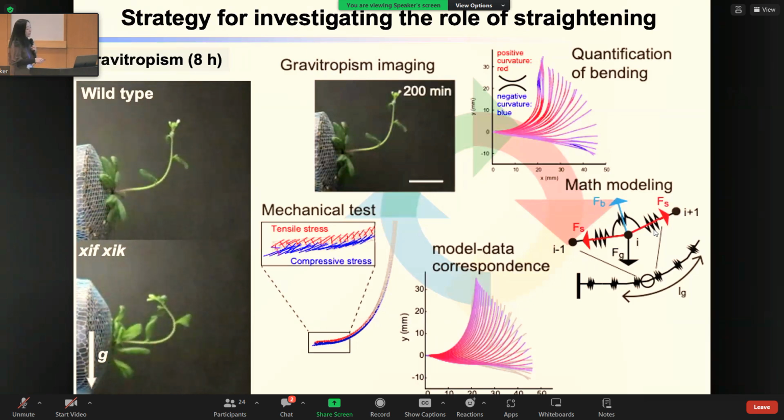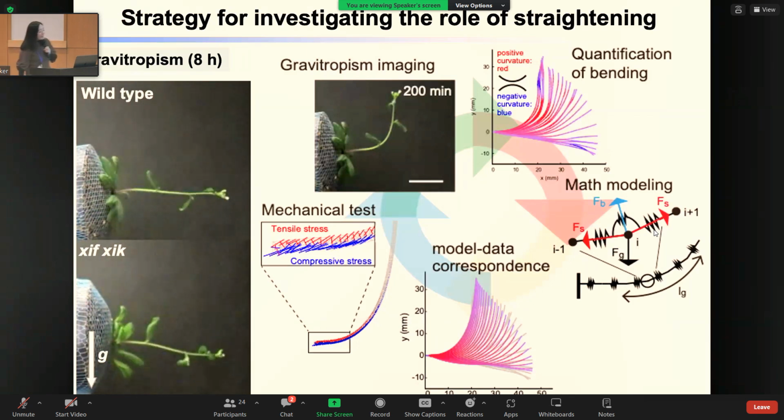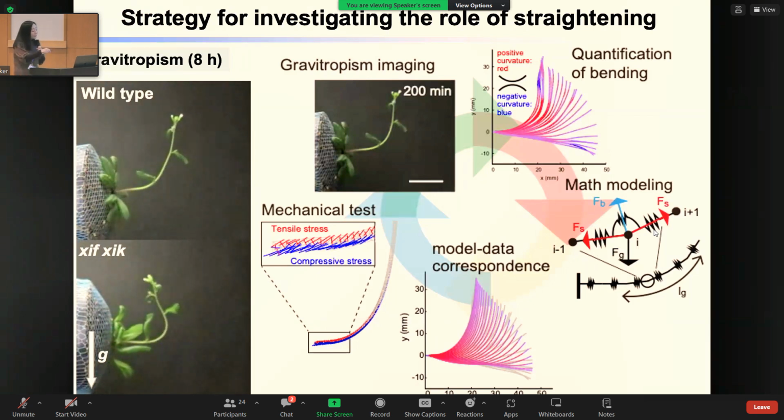The movement resembles that of someone who has difficulty with abdominal exercises. In the first step, we quantified the spatial-temporal bending behaviors of the stem by image analysis.